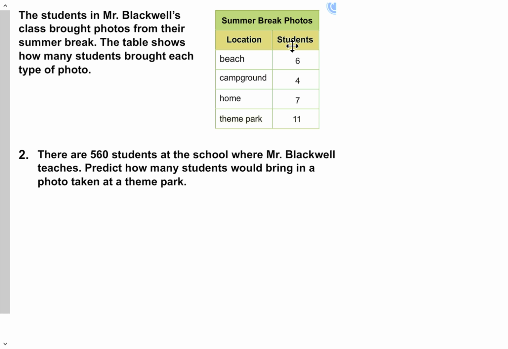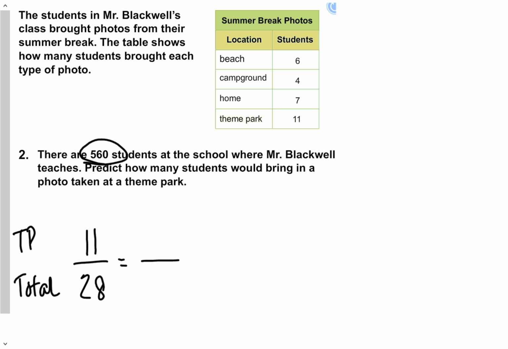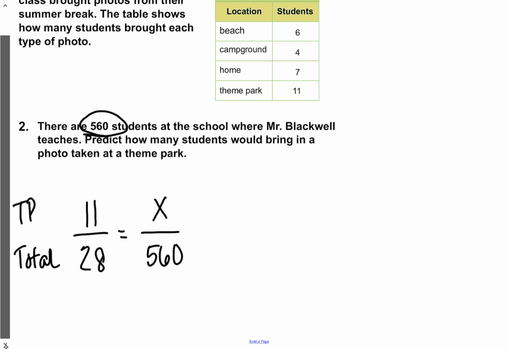So originally we had 11 out of 28, my theme park over my total. Now they're saying that instead of 28 being your total, there's going to be 560 students where he teaches. So we're going to put that 560 on the bottom where it says total, and we're going to put an X on top because we don't know what that is.